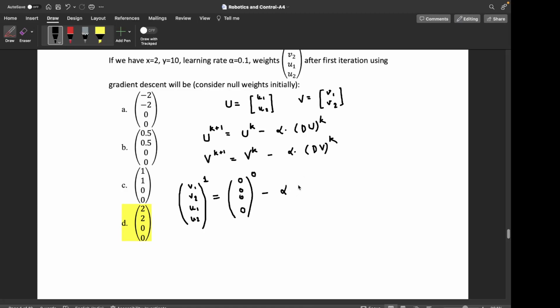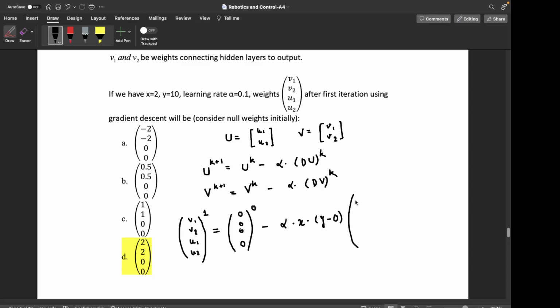You can see how it's being derived there. So this will be alpha times x into y comma y minus 0, right? And the derivative evaluated at this condition 0 0 0 0, right? So it will be minus 1 minus 1 0 0.